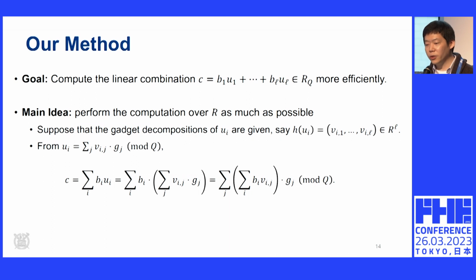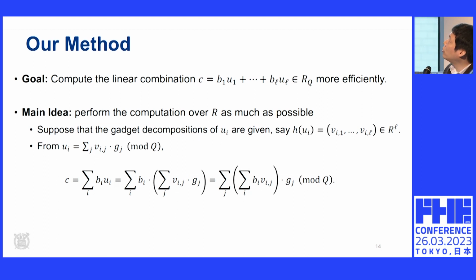applying the gadget decomposition to Ui. As I said, gadget decomposition is good at representing an arbitrary element as a small-coefficient linear combination of gadget bases. So this target polynomial is a linear combination over U1 to UL with small coefficients b1 to bL. But the Ui are just arbitrary polynomials.